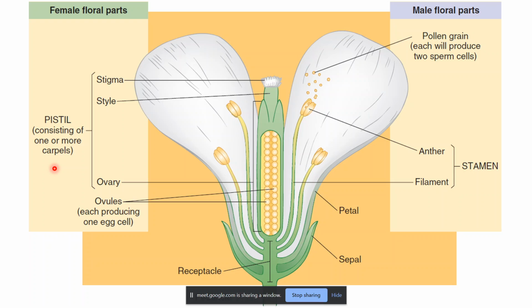So pistils are the complex carpels, and then inside the carpels there are ovules. Ovules are parts that contain the egg cells. Each ovule will produce one egg cell.